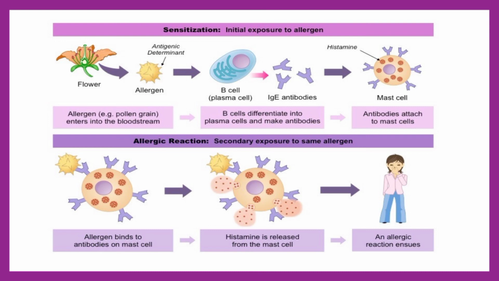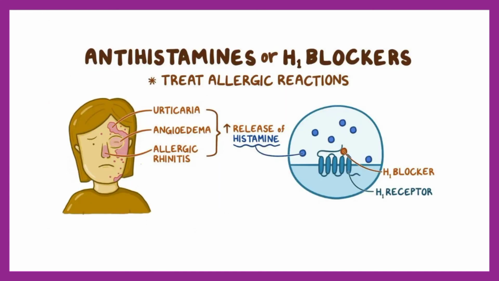These antibodies by binding on the mast cell recognize the allergen, and when this allergen binds to the antibody, the histamine will be released, which will produce an allergic reaction. So to suppress this allergic reaction, antihistamines are used, which will block these H1 receptors and prevent the allergic conditions.